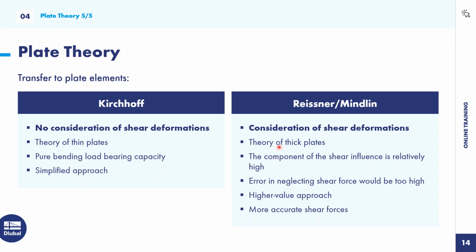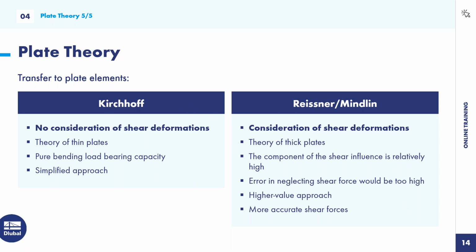So the other thing, Reisner-Mindlin, this can also be used for the calculation of thick plates, where the component of the shear influence is relatively high, so it would cause an error when we would neglect the shear force, and therefore we get also more accurate shear forces. And this theory works also with a higher value approach. So this is the difference between Kirchhoff and Reisner-Mindlin.